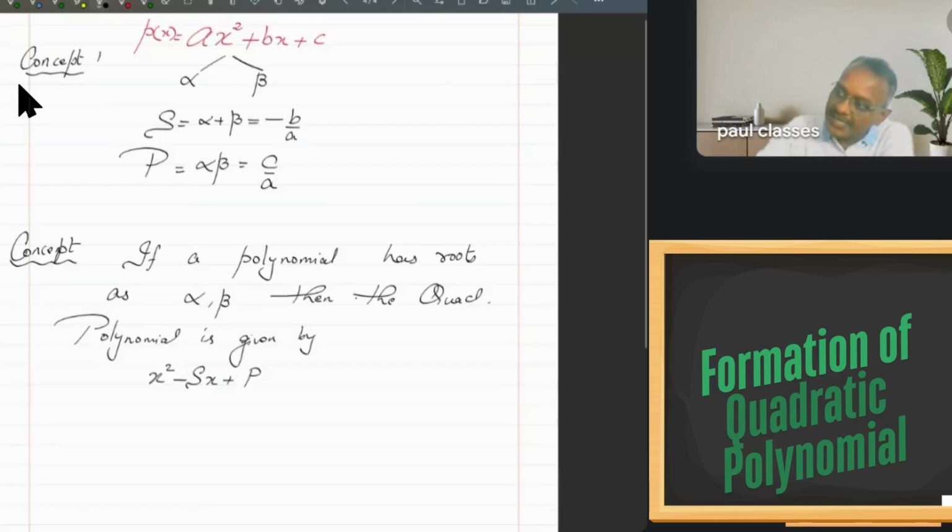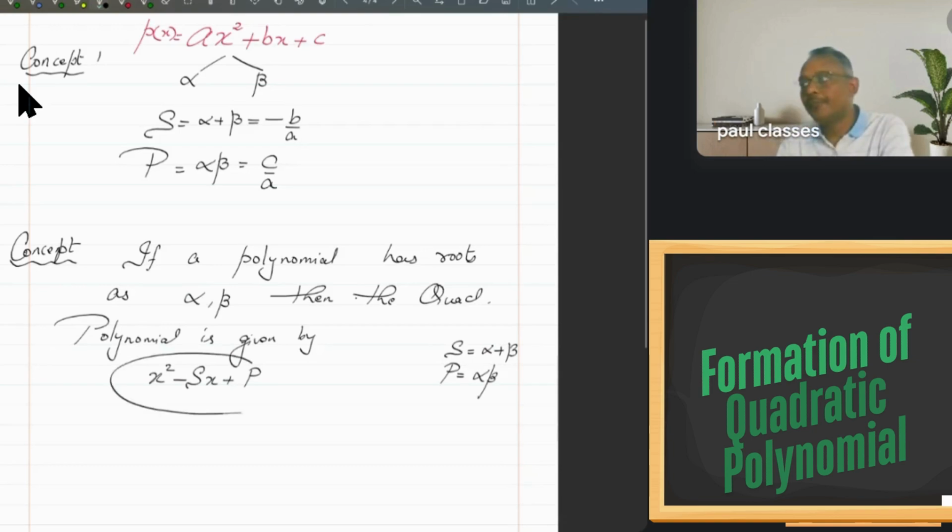What does S stand for? Sum of roots. Alpha plus beta. What does P stand for? Product of roots.